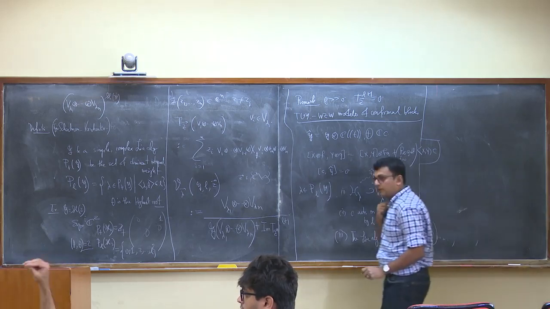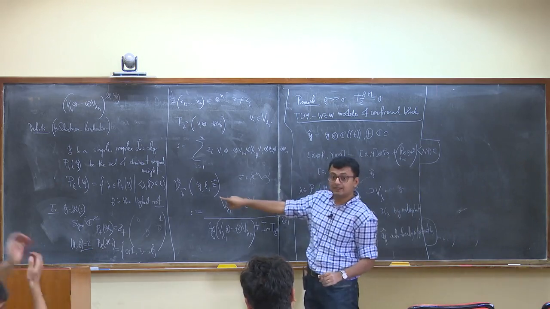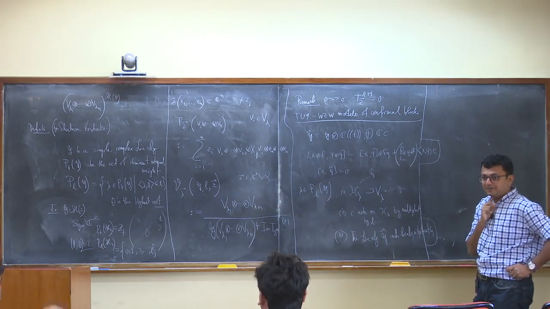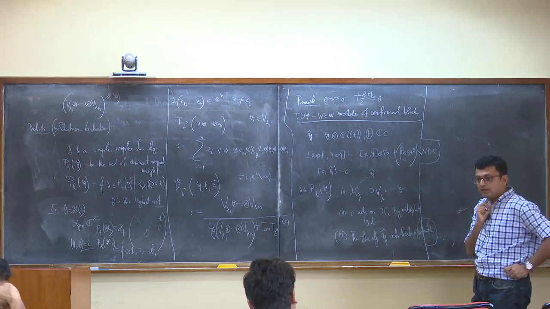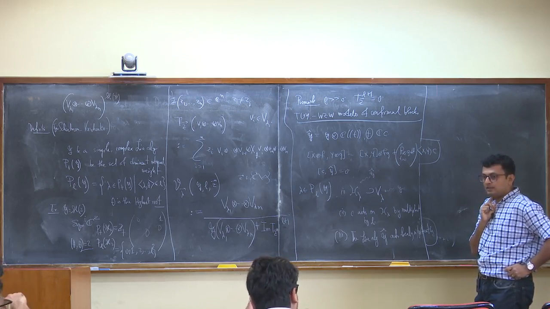It's a representation of the primary. It's the same as here, but that was a representation of the Lie algebra. You have centrally extended it, and then you are considering representations of the centrally extended one.